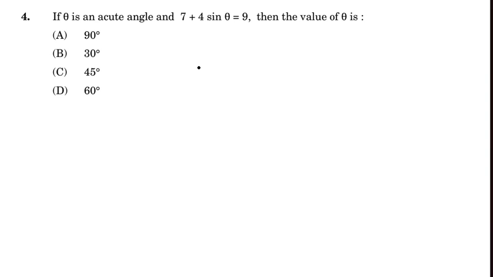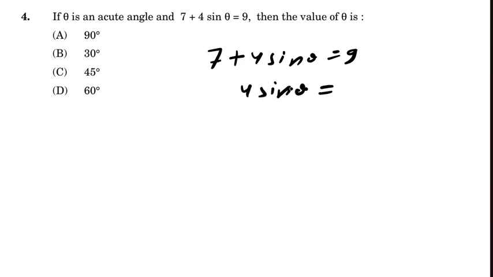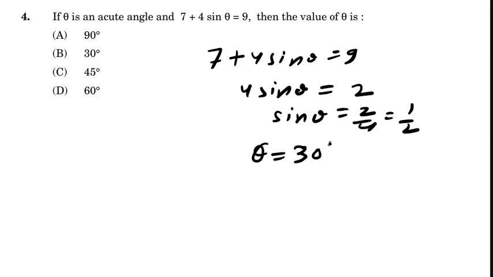You have to find sine theta, so take the other values to the left hand side. So 2 is 4 sine theta, sine theta is equal to 2 by 4, which is equal to half, and we know that sine theta value is half when theta is equal to 30 degrees.